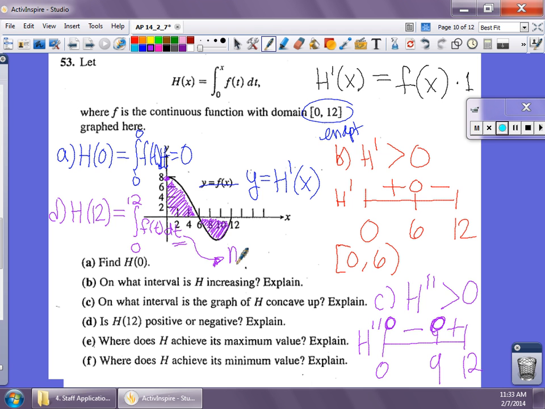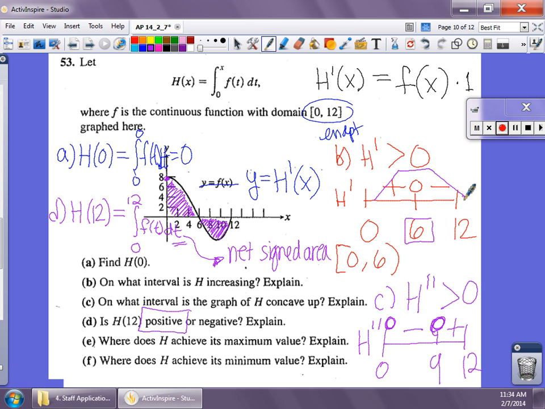Thank you. So, net signed area. Looking at the purple, net signed area, positive or negative? Positive, because it's more on top. Maximum is actually the easy question, because you can see the maximum. It's at h of 6. Okay? Minimum is a little bit harder. If you look at my sign chart, I went up, flat, down.